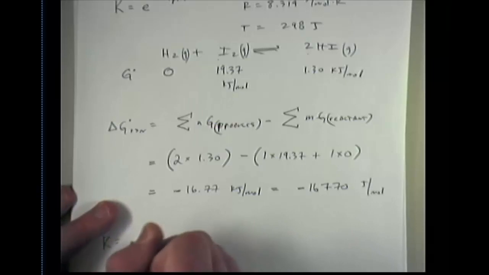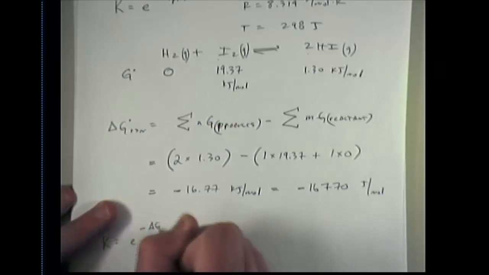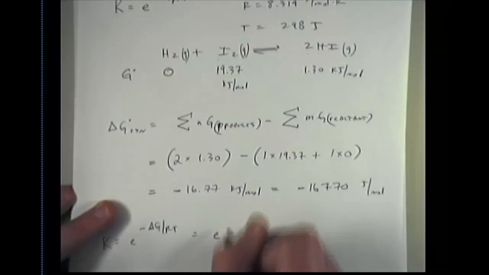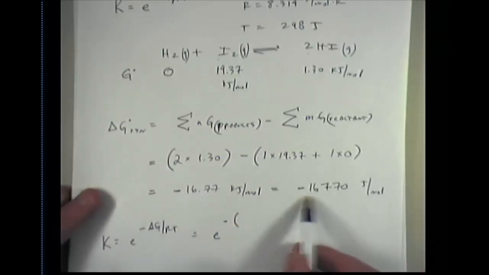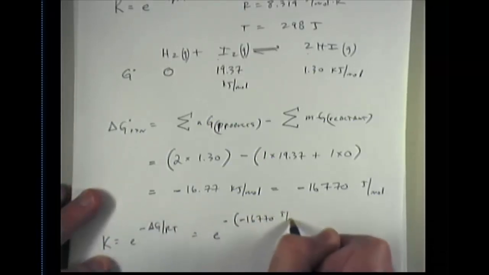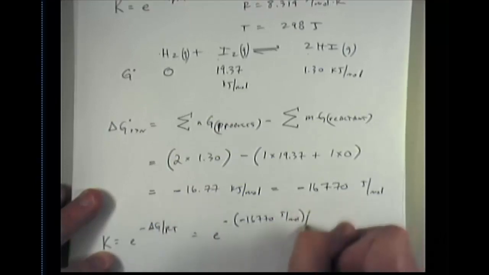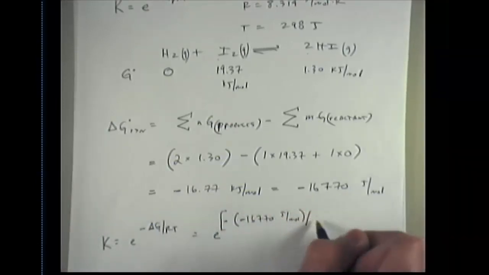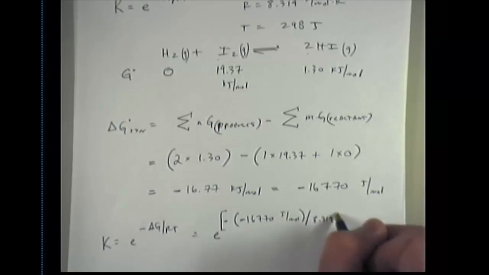With that said, I'll now go back to my equilibrium expression. K equals E raised to the negative delta G divided by RT, which equals E raised to the minus, remember delta G is minus 16,770 joules per mole, divided by R, which is 8.314 joules per mole Kelvin.